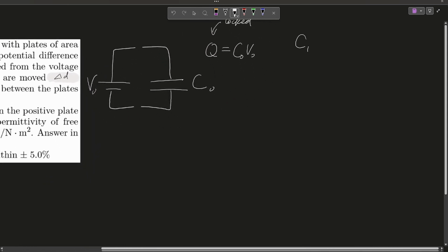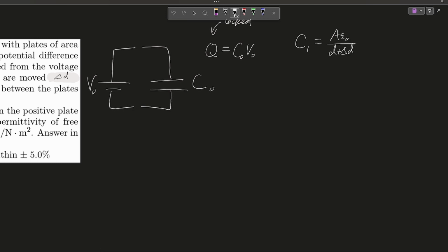So our C1 is equal to A epsilon naught over D plus delta D, whatever your delta D is. I guess I should write what C naught was as well: A epsilon naught over D. Great, and then our new V is just simply the old V plus whatever difference the problem gives you.